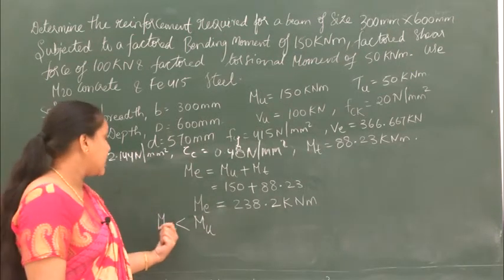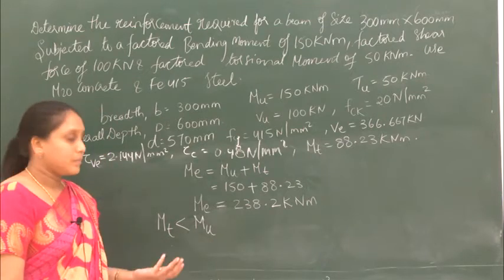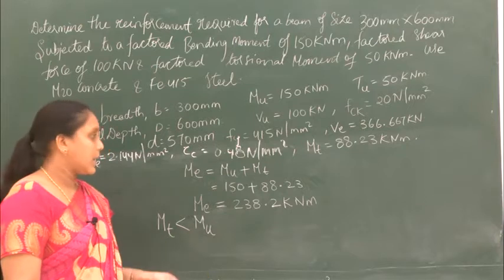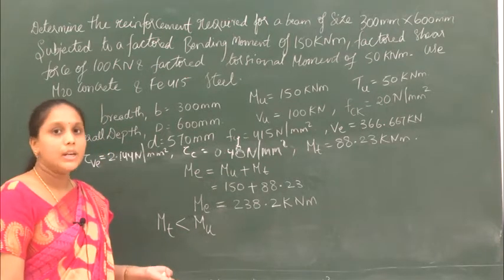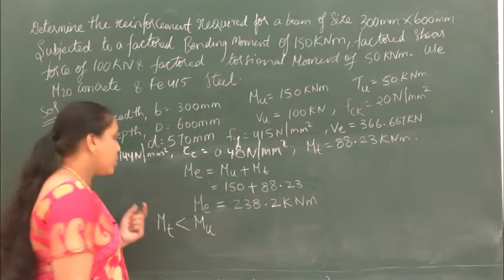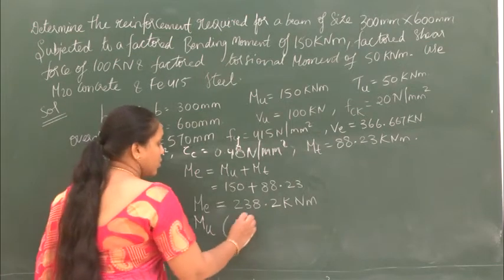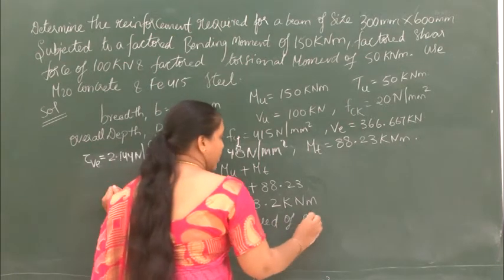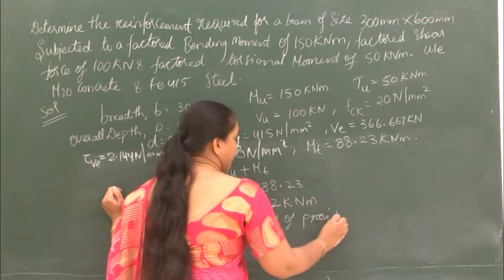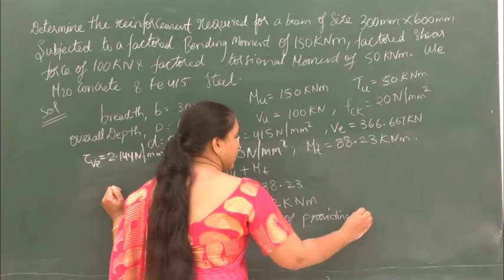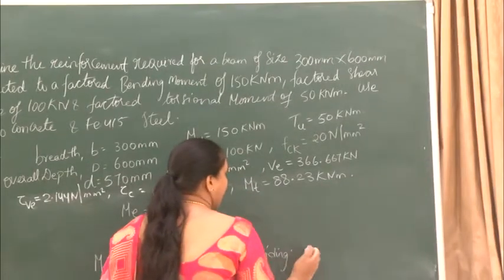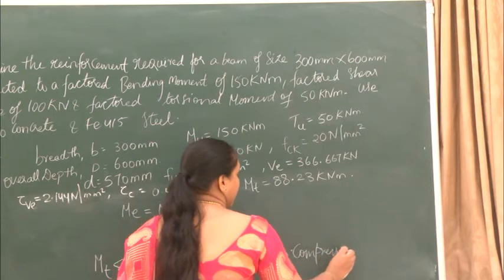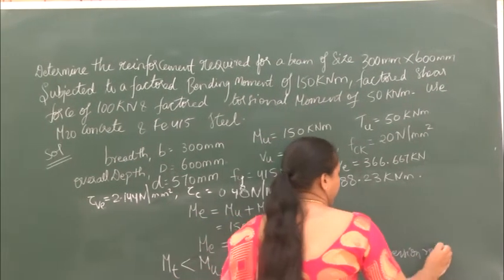So if MT is less than MU, from this condition there is no need of reinforcement to be provided in the compression zone. No need of providing compression reinforcement.